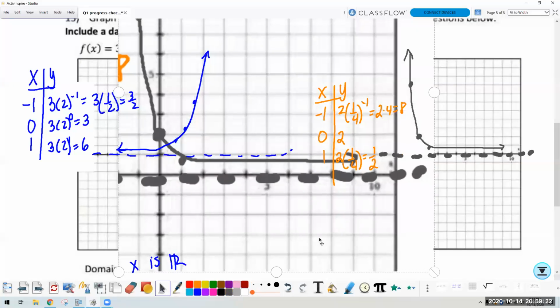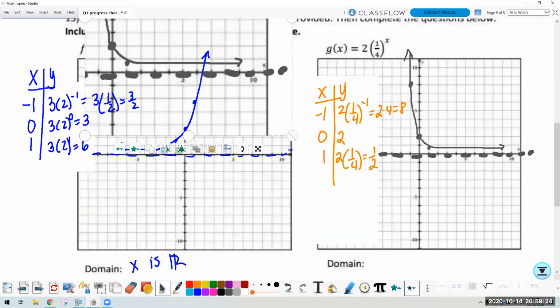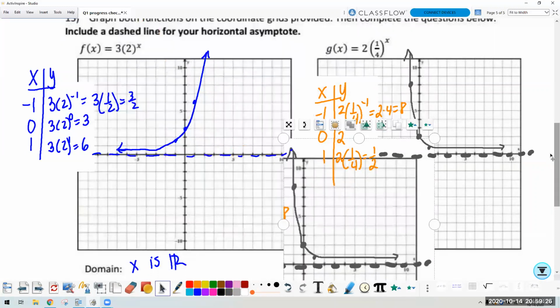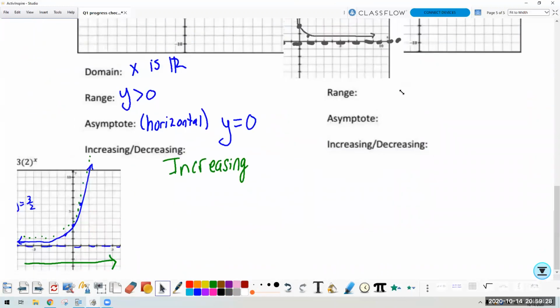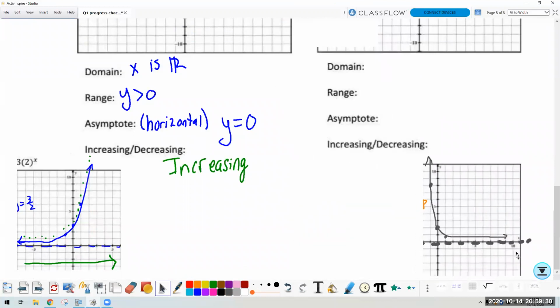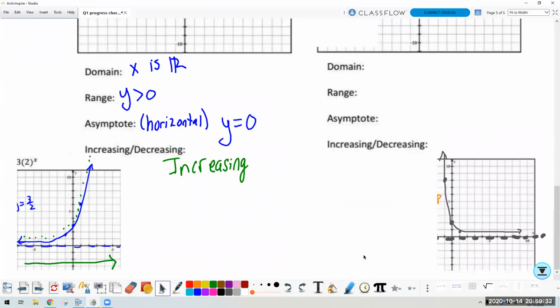All right, here we go. Now my decay graph. Domain is still all real numbers. That is true for every exponential. Every exponential graph will have a domain of all real numbers. The range is y is greater than 0 again. Still the same horizontal asymptote. But this graph now is decreasing.